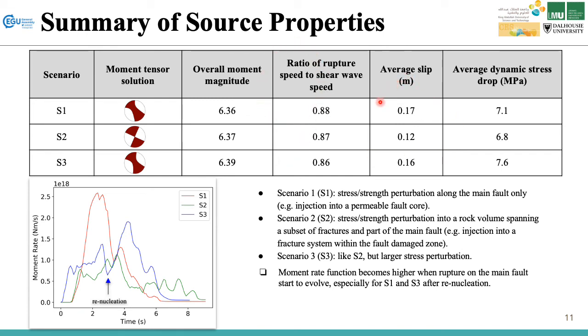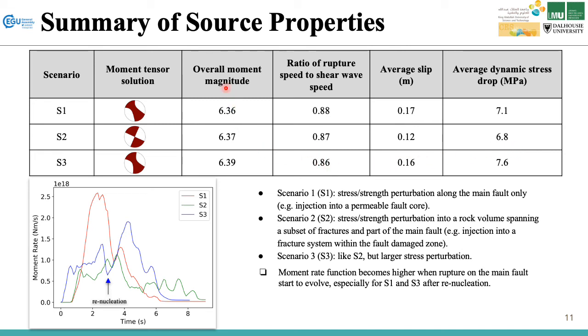The overall slip on scenario number 2 is the least, which is about 12 centimeters. Scenario number 1 and number 3 have a comparable average slip of about 17 centimeters. And then the average dynamic stress drop is about 7 megapascal. However, the largest dynamic stress drop is in scenario number 3.